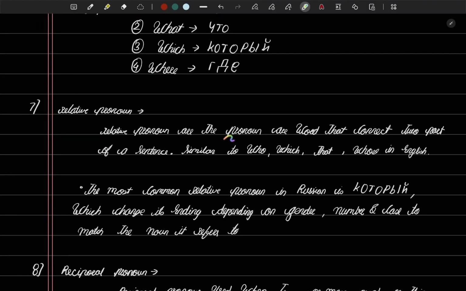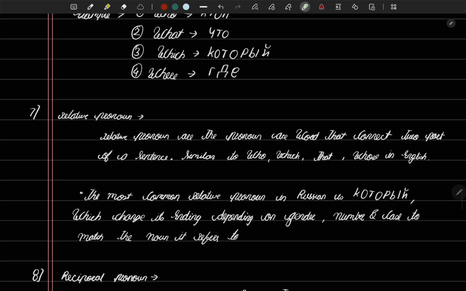And the seventh one will be the relative pronoun. Relative pronouns are pronouns that connect two parts of a sentence, similar to who, which, that, whose in English. The common relative pronoun in Russian is katoryj, which changes its ending depending on gender, number, and case to match the noun it refers to.